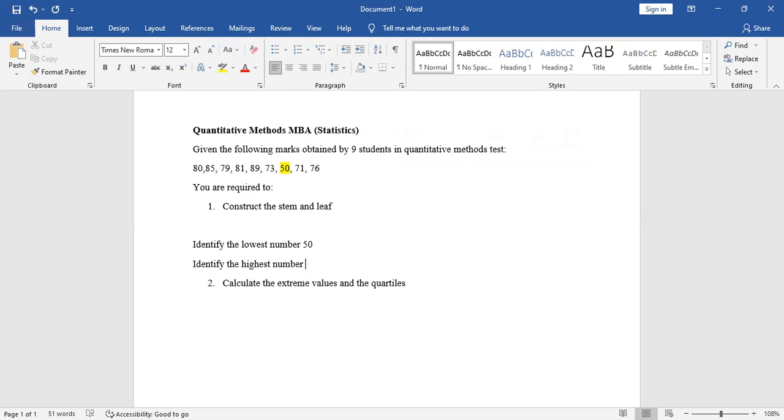The highest number in this case is 89. So we can safely say our stem and leaf will range from the 50s to the 80s.